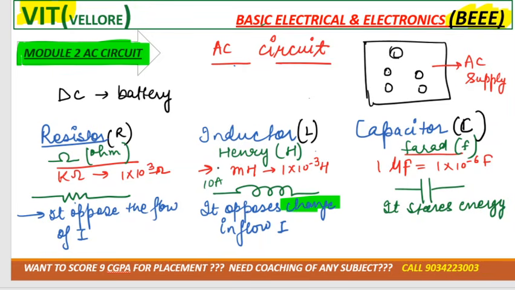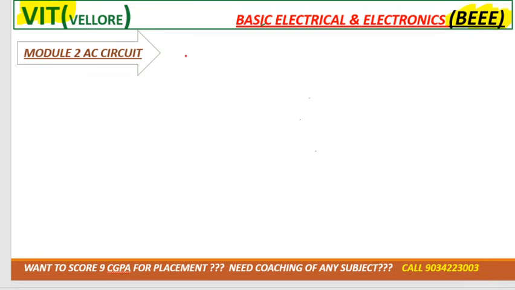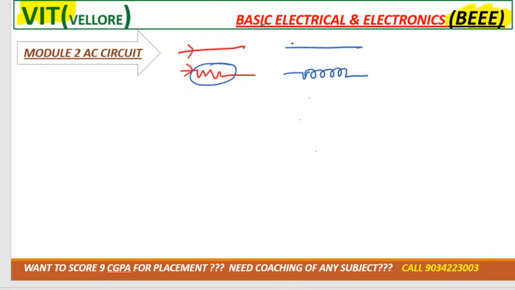So we have the resistor, inductor, and capacitor, right? Now I'll ask you one simple question. We have one plain wire and one wire with a resistance. In which case can current flow easily? The plain wire or the resistance one? The plain wire, right? Resistance opposes the flow of current. Again, if you have a plain wire or a wire with an inductor, in which case can current flow easily?